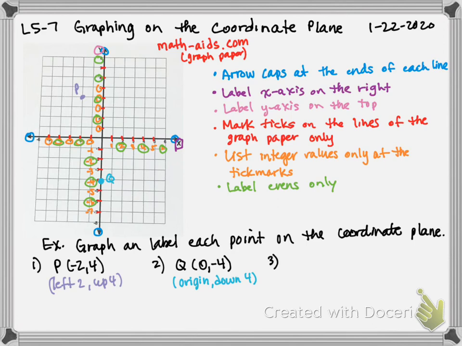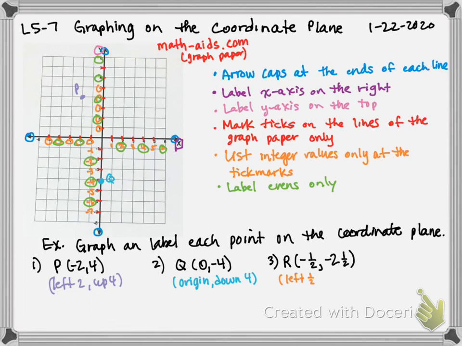Third point, we've got R. Now we get a little tricky. We're going to do (-1/2, -2 1/2). Okay, so on this one, I'm going to go left because of the negative from the origin, 1/2.